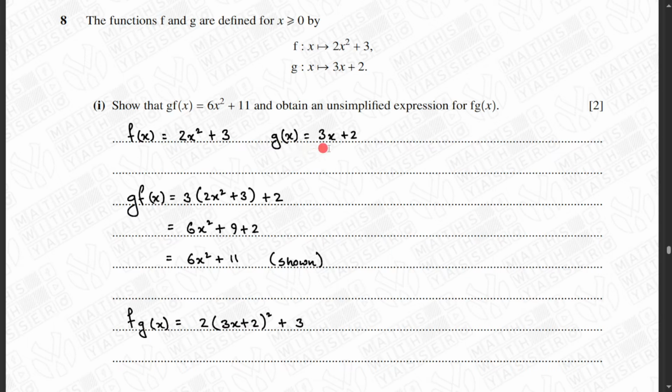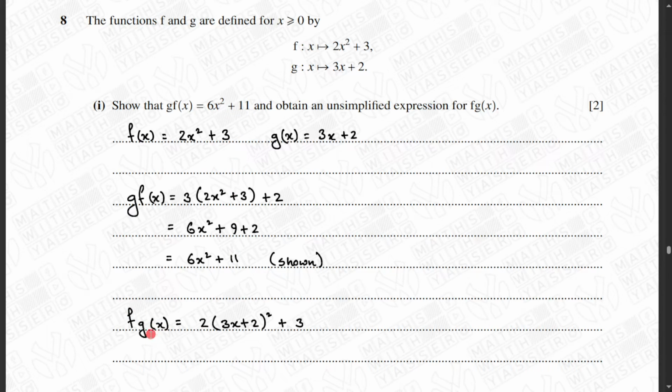So this is f of x and this is g of x. So gf of x must be, we need to substitute f of x into g of x. So that will give us 2x squared plus 3 within brackets plus 2. Then we get 6x squared plus 9 plus 2, which is 6x squared plus 11. And that is what we had to show.